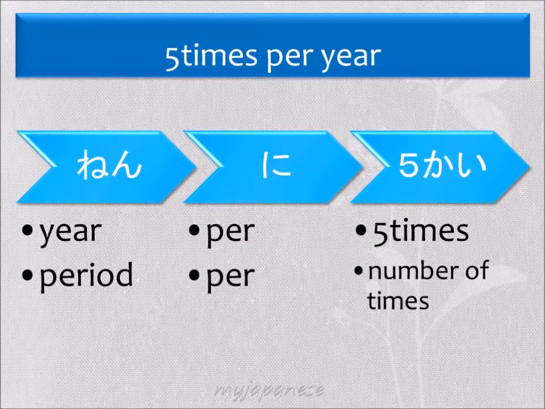Number 3, we can replace counter word kai by another counter for number of times, do. With this example, 5 times per year, 年に5回, we can replace kai by do and say 年に5度. Try a few different number of times and practice till you get it.